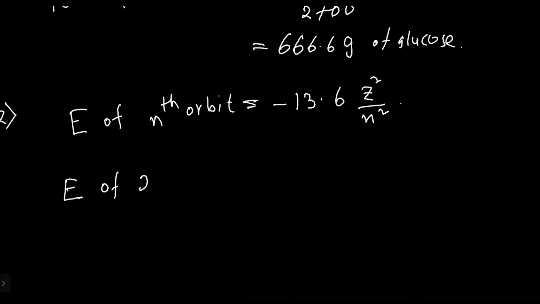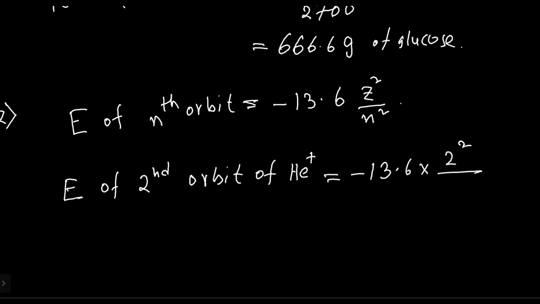Firstly, we calculate the energy of the second orbit of He plus. It will be minus 13.6 into Z square, where the atomic number of helium is 2, by n square, where n is 2, in electron volt. So 2 square by 2 square gets cancelled and we get minus 13.6 eV.